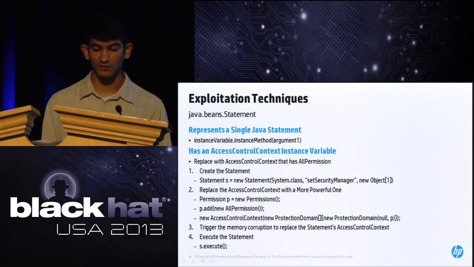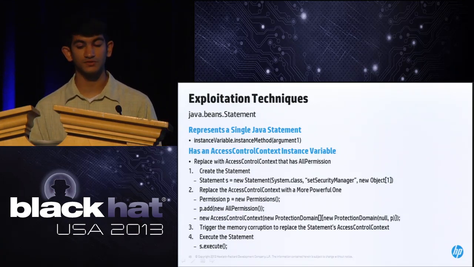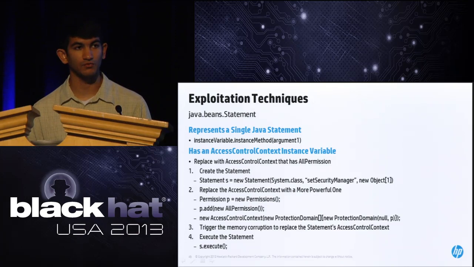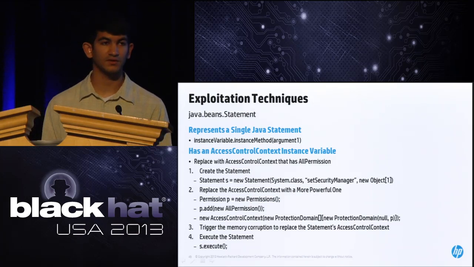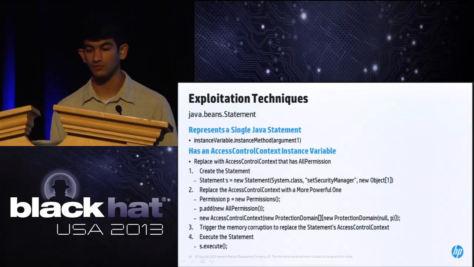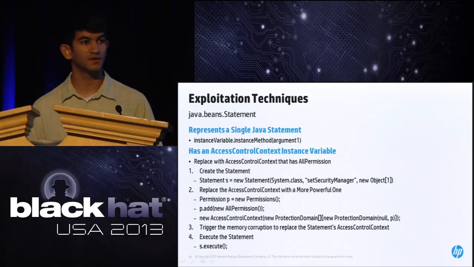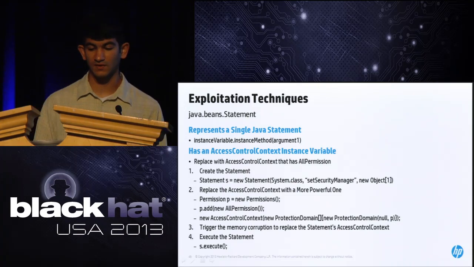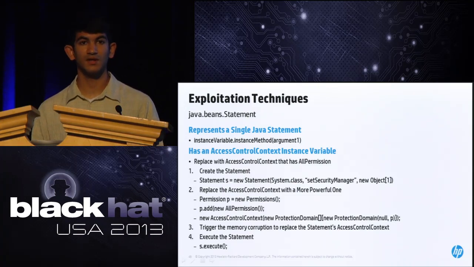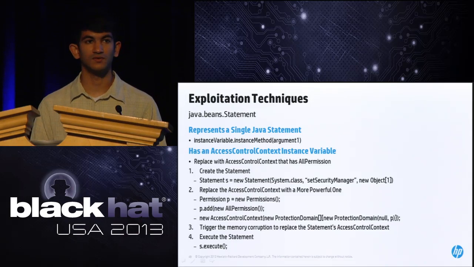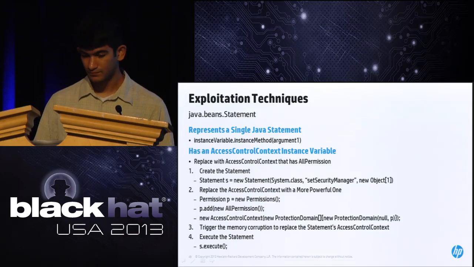You would do that just by creating a permission object, adding AllPermission to it, creating a protection domain array based off that, and then creating an access control context using that. Once you've done that, all you'd have to do is use your vulnerability to basically swap or replace the created Statement's access control context with your controlled one and execute it, and you'll execute it at a higher context.